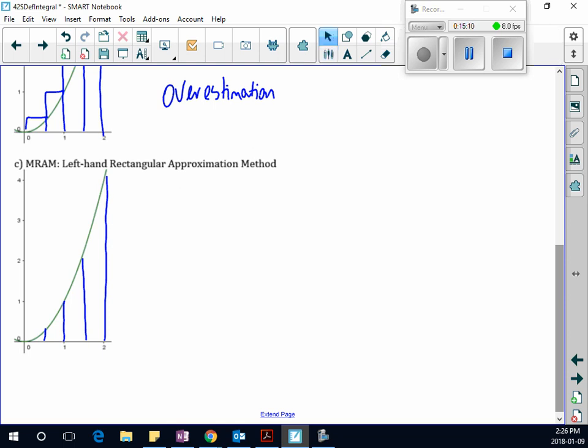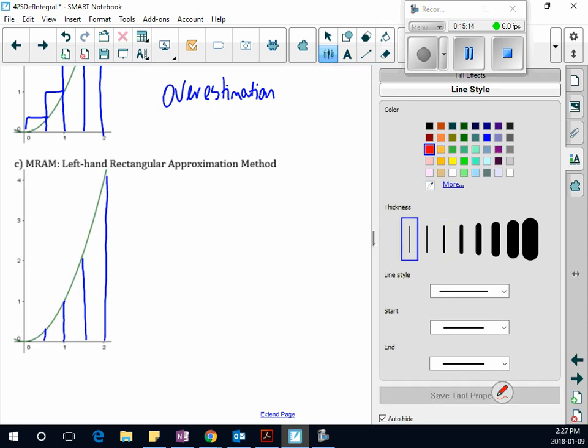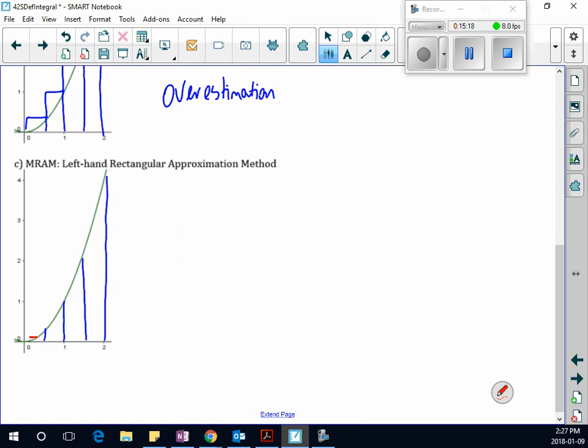I might use a different color pen here just so you can see that. So halfway between 1.5 is 1/4. So wherever that hits it, I'm making my rectangle. Do you see? There's my first rectangle. Here's the halfway, so there is my next rectangle.